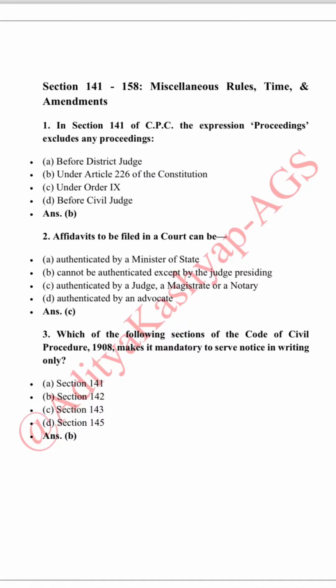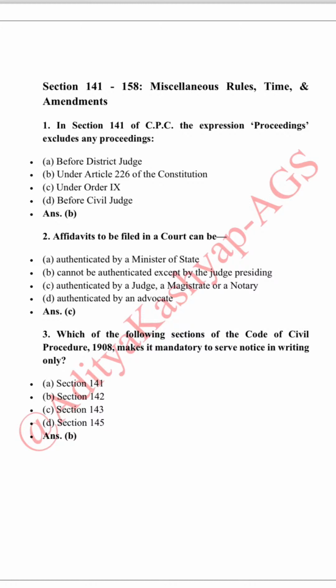So today we will deal with sections 141 to 158 of CPC. Question number 1. In section 141 of CPC, the expression proceeding excludes any proceeding under Article 226 of the Constitution.